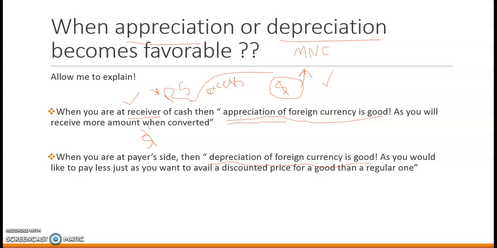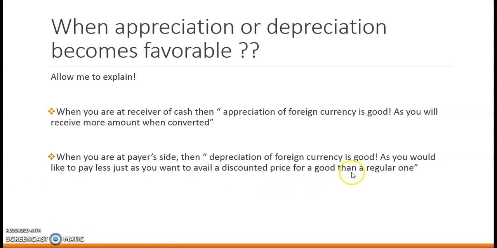Now for each dollar that you have to send, you have to pay fewer rupees, because the dollar has gone down in value and the rupee has strengthened in value.